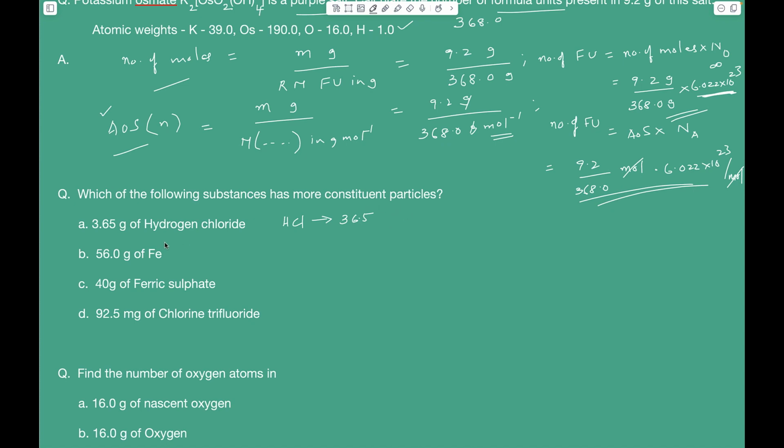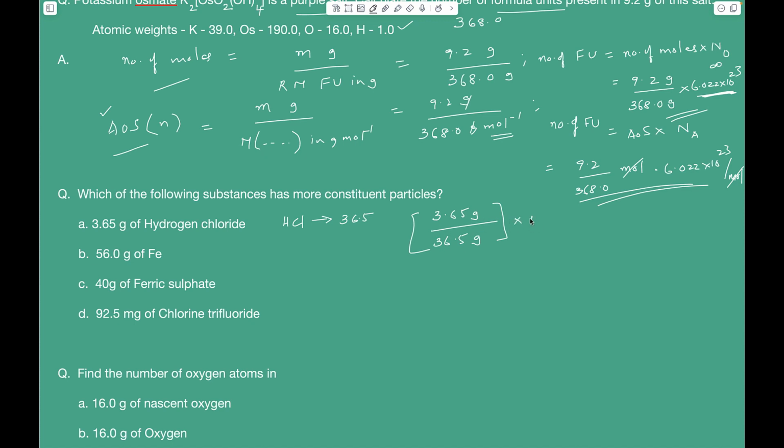To get the number of molecules of hydrogen chloride, first you have to figure out the number of moles. For that you have to divide the given mass with the relative mass of hydrogen chloride molecule expressed in grams. So this is the number of moles.